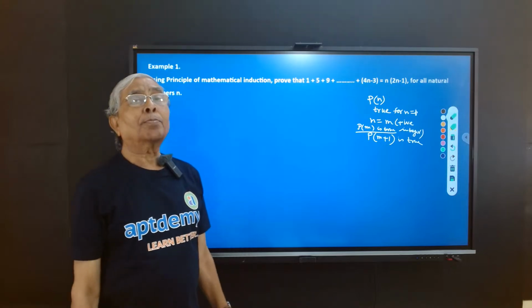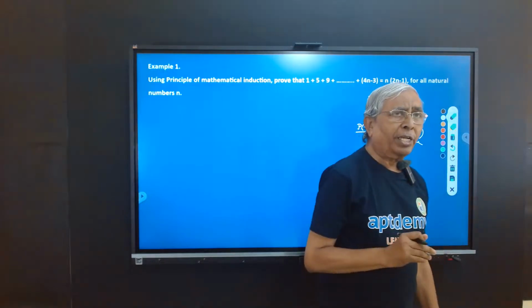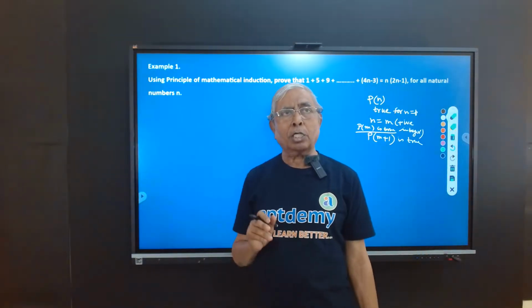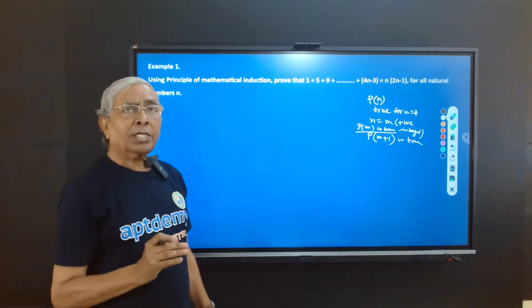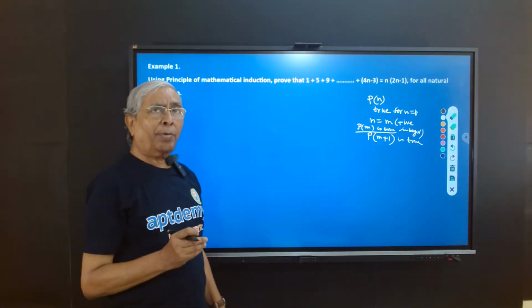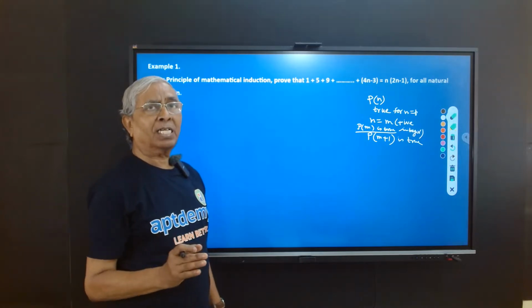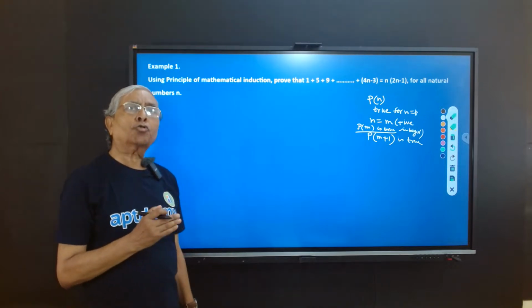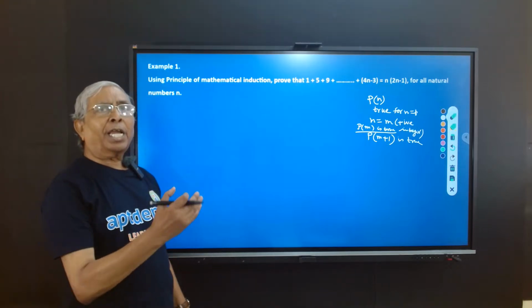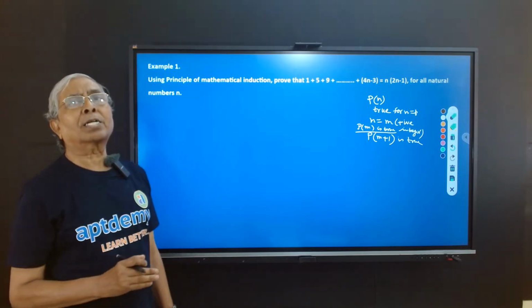So what is the principle of mathematical induction? First, you show that the statement is true for n equals 1. Next, suppose that the statement is true for n equal to m, a positive integer. From this, you show that the statement is true for the next integer n equal to m plus 1. So it is true for all natural numbers n.